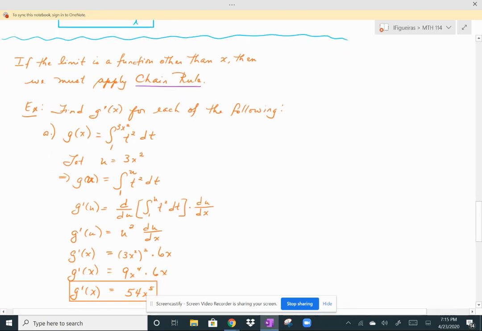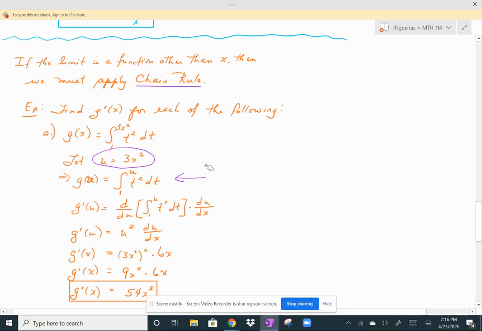Here, your g of x is the integral from 1 to 3x squared of t squared dt. Now, let u equal 3x squared, because that's the first time we're seeing something other than just x. So if I rewrite this in terms of u, I have the integral from 1 to u of t squared dt.